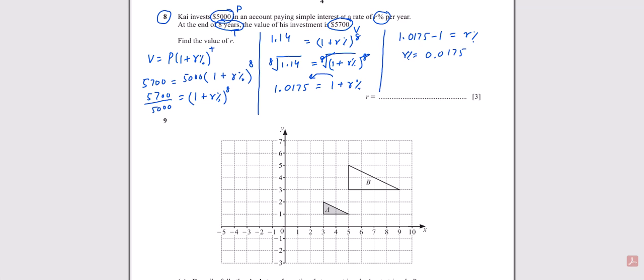We find r, so multiply by 100. 0.0175 multiplied by 100 is equal to 1.75. This is our final answer.